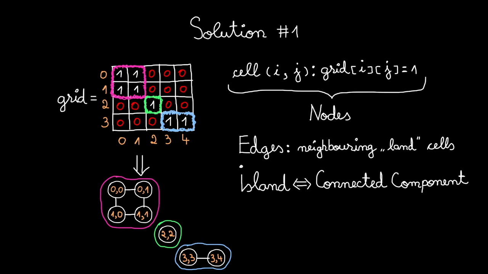And the classic algorithm designed to look for connected components in graphs is the depth first search, also known as the DFS. Discovering the islands of the grid is equivalent to performing DFS on this graph.